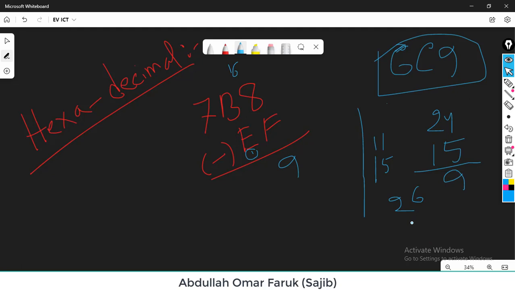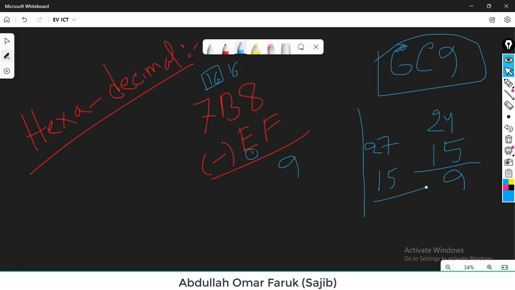What are we doing actually? See, at the lower position the number is 15, and at the higher position this is B, which means 11. So we cannot do the subtraction, so we add 16 to the value 11. So 16 and 11 gives me 27.